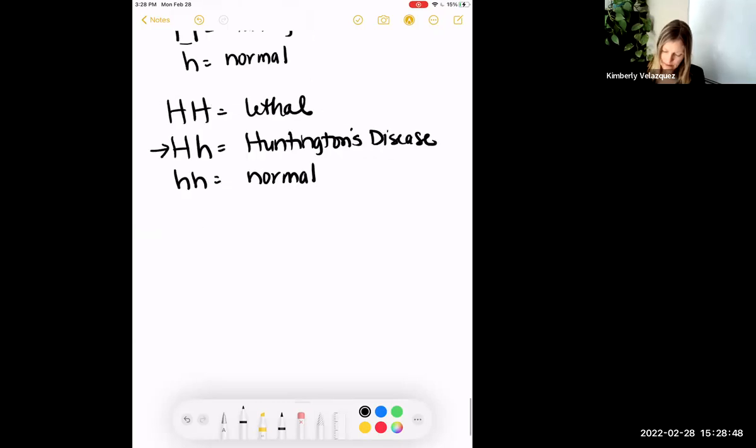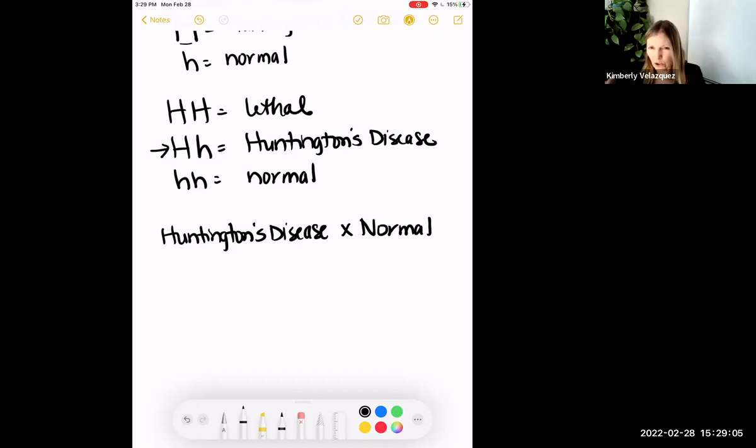Let's say that an individual with Huntington's disease who doesn't know yet that they have it reproduces with someone who's normal, meaning they don't carry the gene for Huntington's disease. And in fact, they're not even called carriers because remember, carrier means you have the disease gene, but you don't have symptoms of the disease.